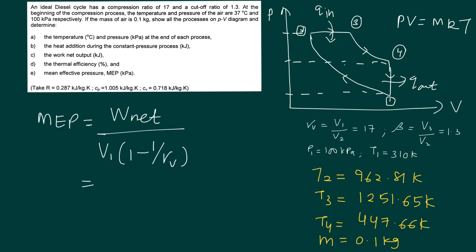So you substitute into this equation, finally you will obtain your mean effective pressure to be 228.62 kilopascal. So now you have already completed all A until E.